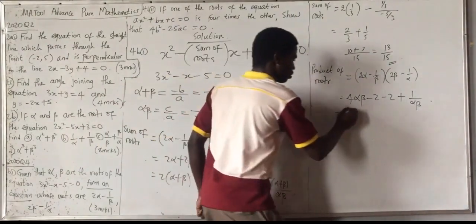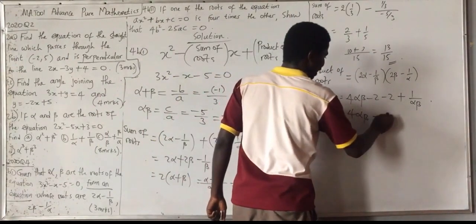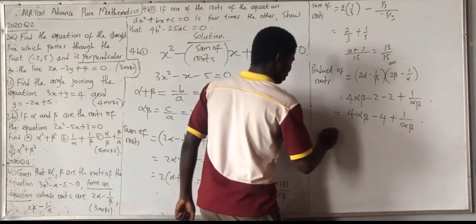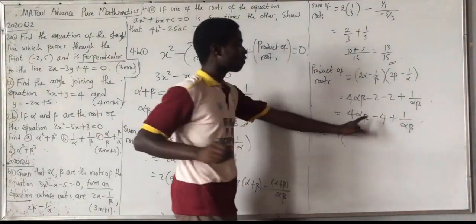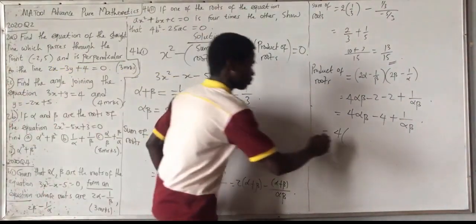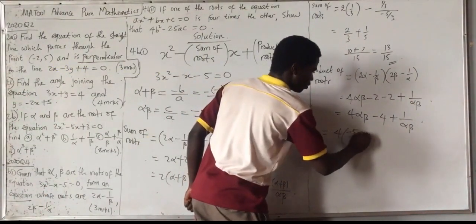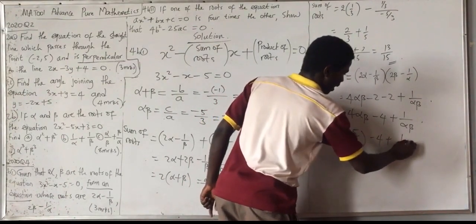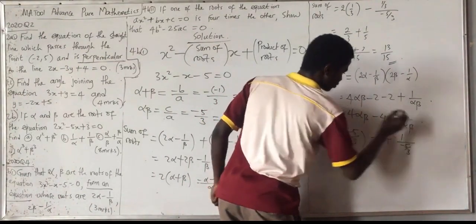So I have 4 alpha beta minus 4 plus 1 over alpha beta. So what is 4 alpha beta? Alpha beta is minus 5 over 3. Write it: 4 times minus 5 over 3 minus 4 plus 1 over minus 5 over 3. That's what you have.